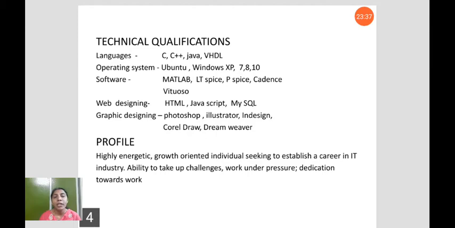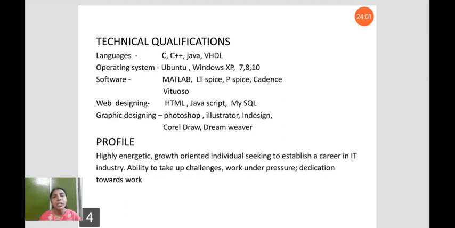And he can work under pressure. This is a very important thing. This person has a very balanced mindset under pressure. This is very important for the employer, so he looks for such a candidate. And dedication towards work.